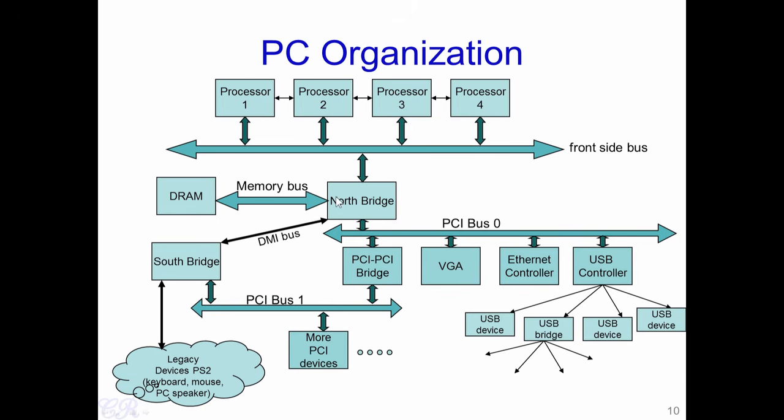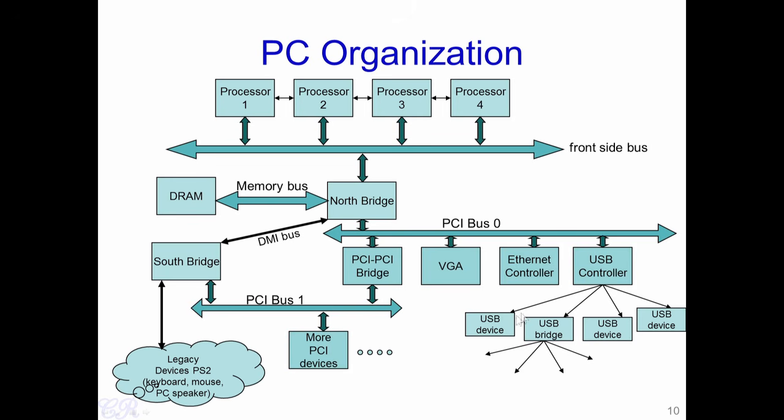So, the north bridge would interface with the memory through what is known as the memory bus, and it also interfaces with the PCI bus. So, on the PCI bus, you could have several devices like the Ethernet controller, USB controller, and the USB controller could have many USB devices which you see at the front or the back of your desktop.